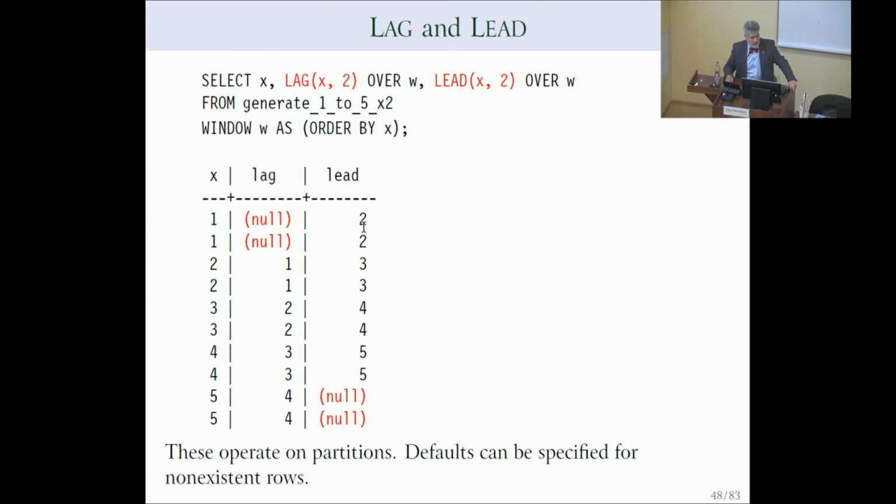So here I'm shifting everything 2, so this row sees this one, this row sees that one. And as you can imagine, the last 2 rows do not have anything past it, so they return null. You can also specify defaults. If you don't want null, you can make another value. Okay.